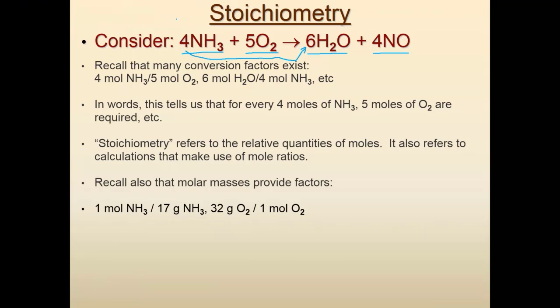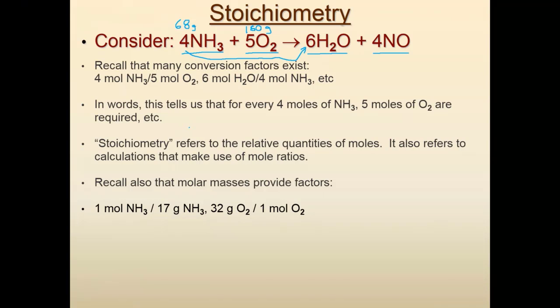So even though this looks like 4 to 5, in terms of grams, about 68 grams of NH3 is going to require about 160 grams of oxygen. As you can see, the 4 to 5 ratio doesn't really work with grams. So that's why we have to use molar masses.